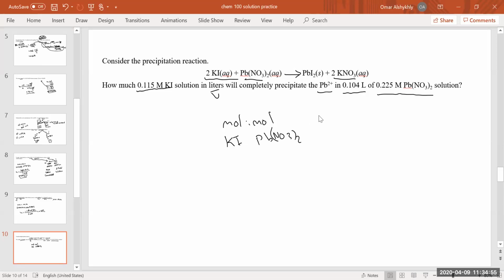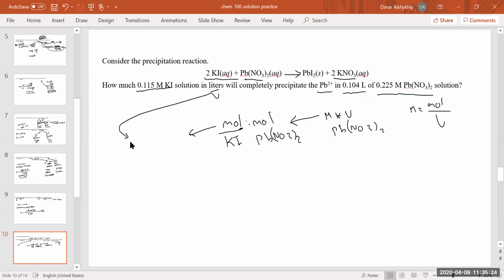Now, how will you reach here? Molarity equal mole divided by volume. So here, molarity times the volume of Pb(NO3)2. And here, after you get the mole, they need volume. So here, volume will equal what? Will equal mole divided by molarity. Remember how to calculate the mole or volume.